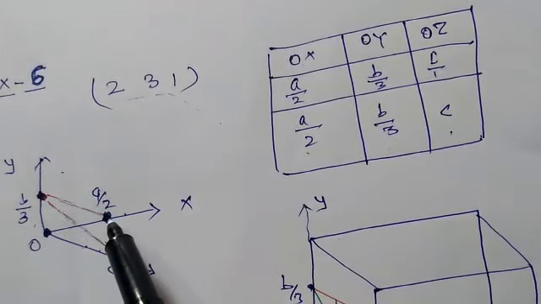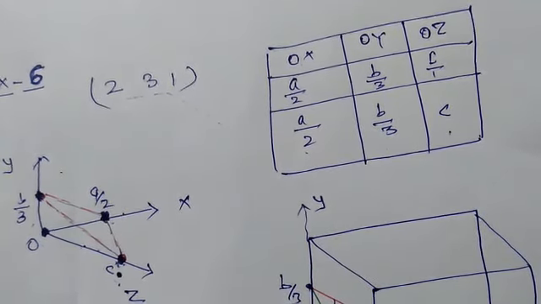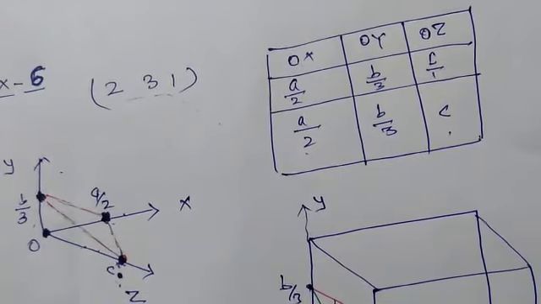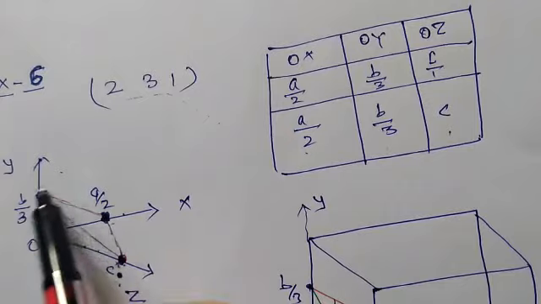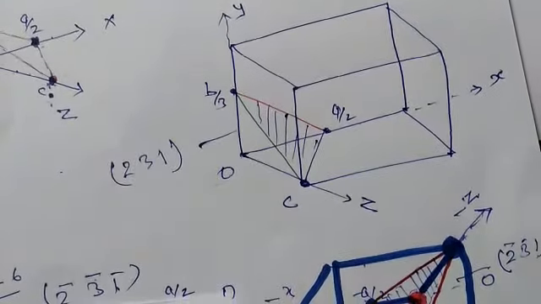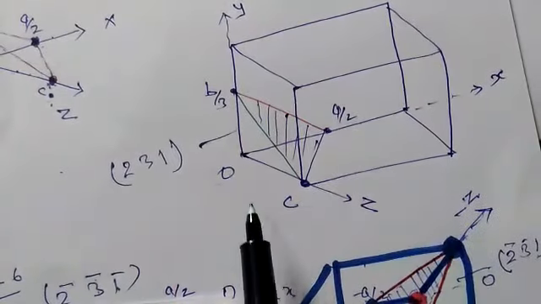So this point to this point is a line of intercept. This point to this point is a line of intercept. This point to this point is a line of intercept. The equation of that line of intercept you know from example number 3 and 4. So you have to join this line to this line to this line, and you get a plane. For proper explanation, here we have drawn a cell.